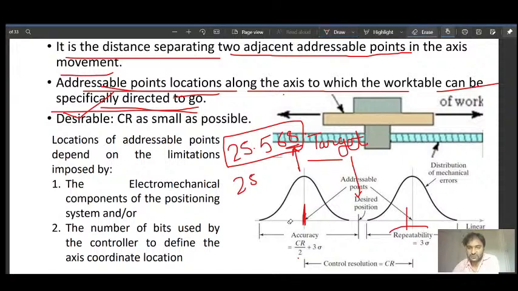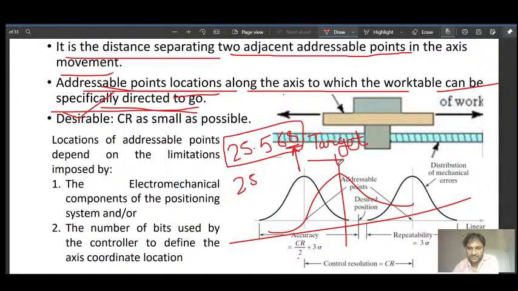Take it in the normal distribution way: that is our target, but the table can go only here and here. These are two addressable points. 25.56 you can take on this side, and 25.57 on this side.